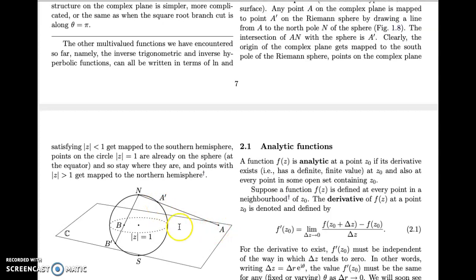So any complex number which has modulus greater than 1 will end up on the northern hemisphere of this Riemann sphere, and any complex number, for example B, which has modulus less than 1, will end up somewhere in the southern hemisphere. Clearly, the origin of the complex plane gets mapped to the south pole, and points on the unit circle just get mapped to themselves.